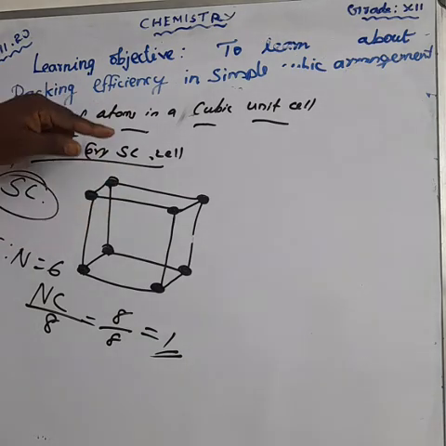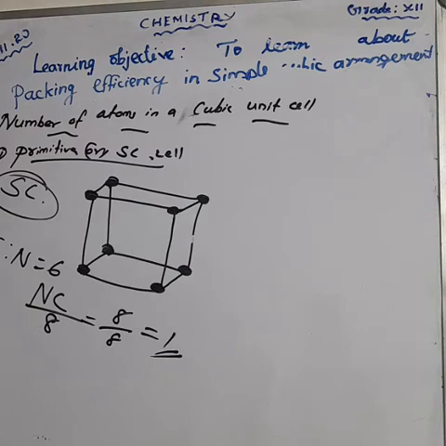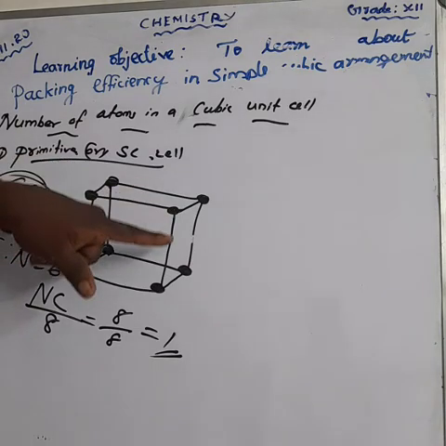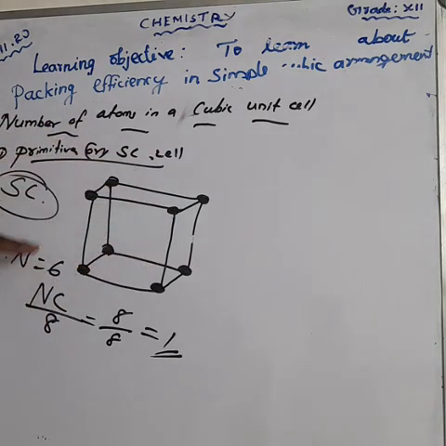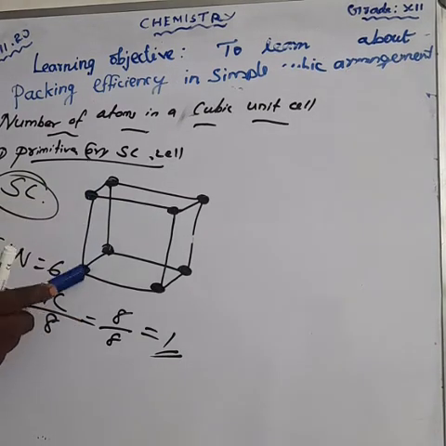Each atom in the corner of the unit cell is shared by 8 neighboring unit cells. Therefore, the number of atoms per unit cell is equal to NC divided by 8. NC is the number of atoms at the corner. So NC is 8, 8 by 8, because there are 8 corners. So 8 by 8 is equal to 1.